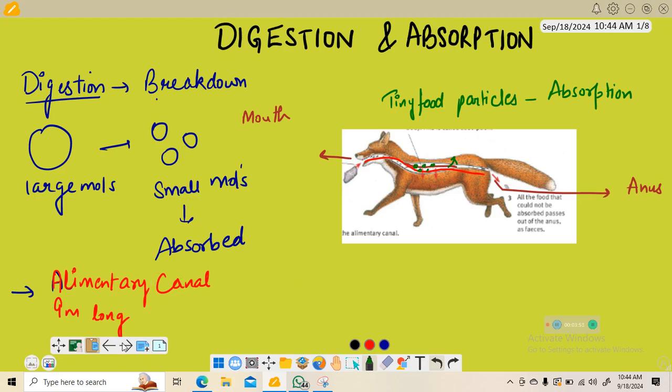If we see the definition of absorption, the food inside the alimentary canal can only reach your body cells if it can get out through the walls of the tube.